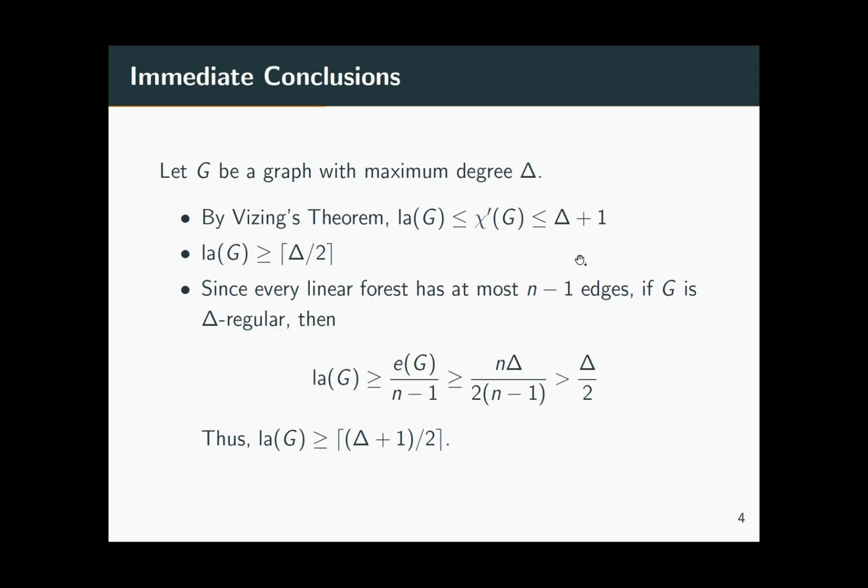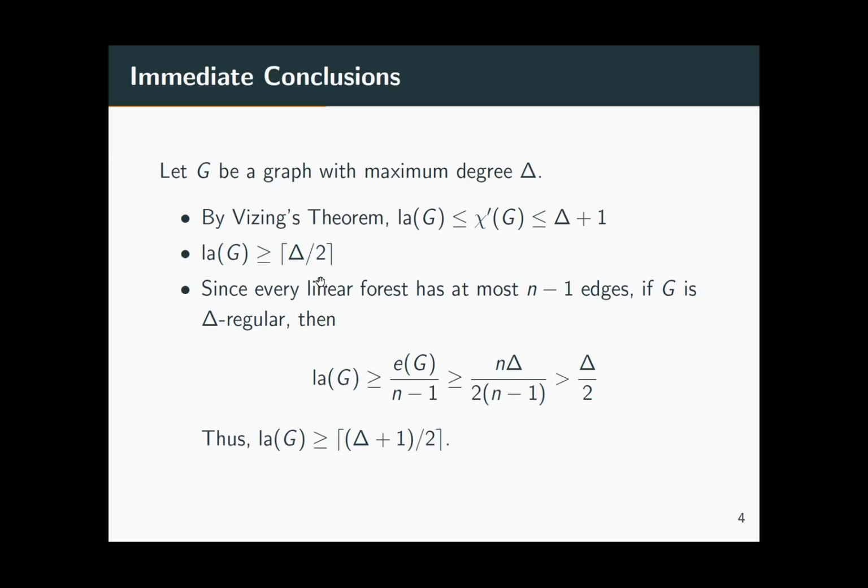And this is a very large upper bound. And we can also see that in order to cover all edges incident to a vertex of maximum degree, we need at least the ceiling of delta over 2 linear forests, right?